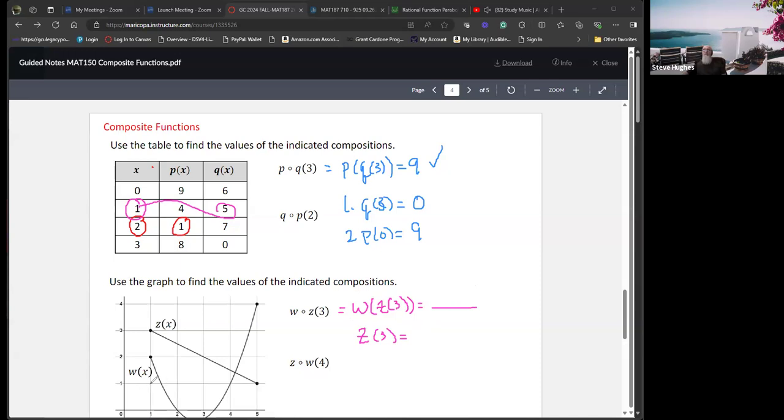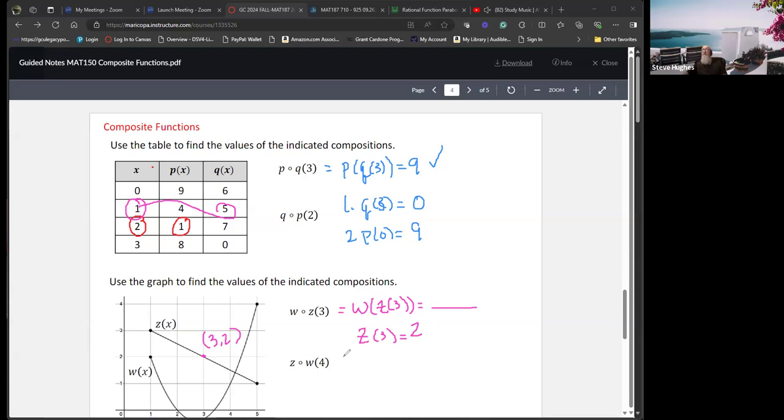If I look at my graph, here's 1, 2, 3. So Z of 3 is right there, and that is 2. So that is the point 3, 2. So that is 100% correct. Z of 3 is 2.